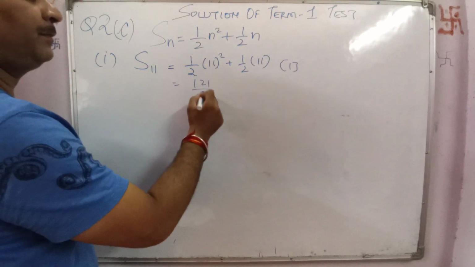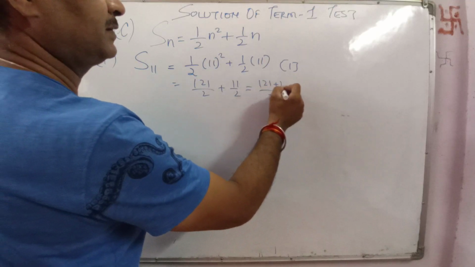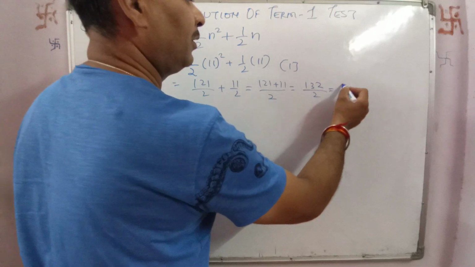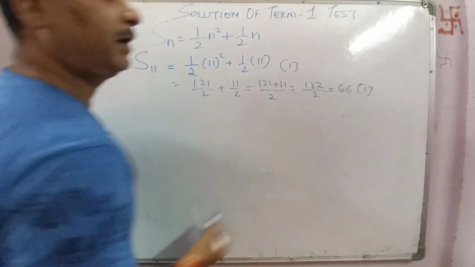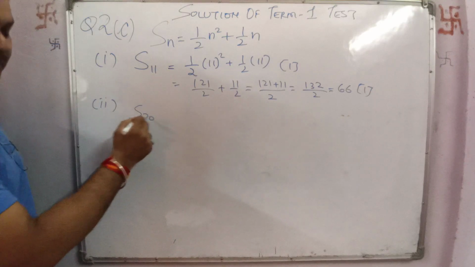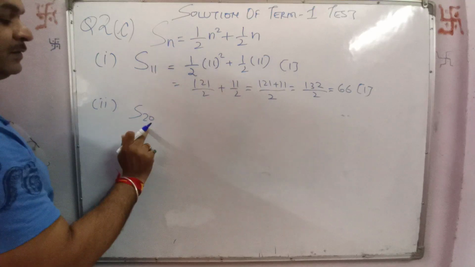Now 121 by 2 plus 11 by 2, since it is a like fraction, (121 plus 11) by 2, that is 132 by 2, or it is 66. 1 mark for this correct answer. Similarly, sum of 20 natural numbers. Okay, again at the place of n, what is there? 20.